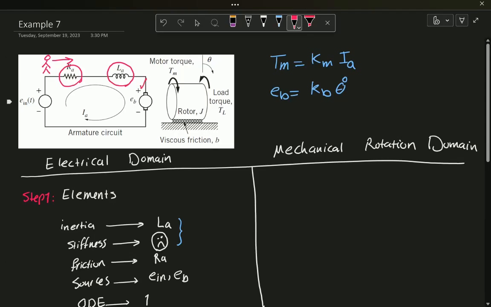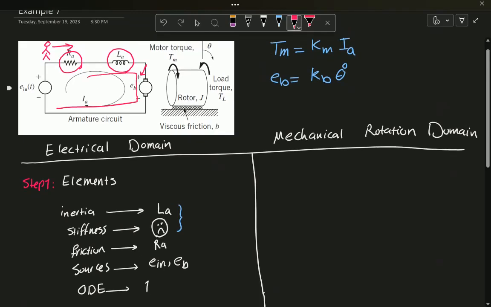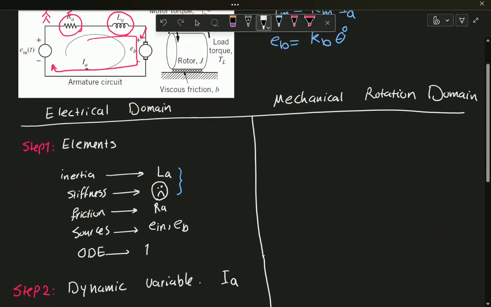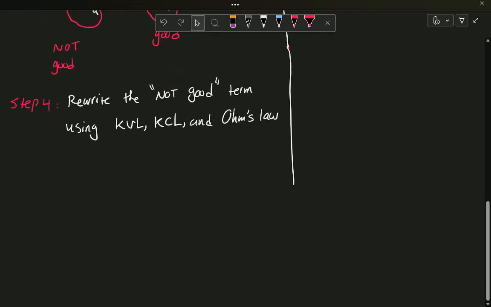Then I hit the positive polarity of this battery. Since I hit the positive polarity, the voltage dropped here too. And when I get to the En, I hit the negative polarity of the battery, the voltage rises. Okay, so my KVL would be negative ERA, negative ELA, negative EB plus En equal to 0.